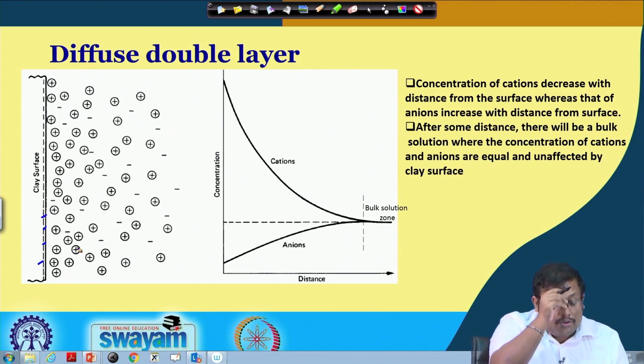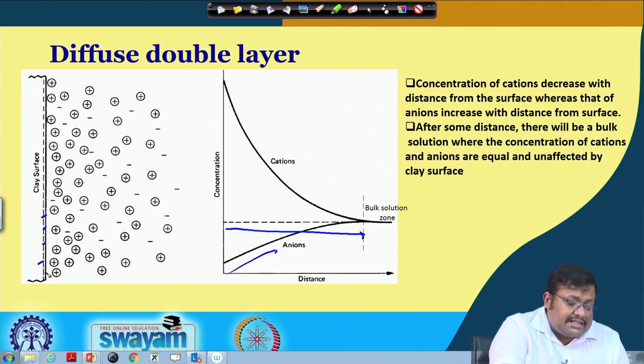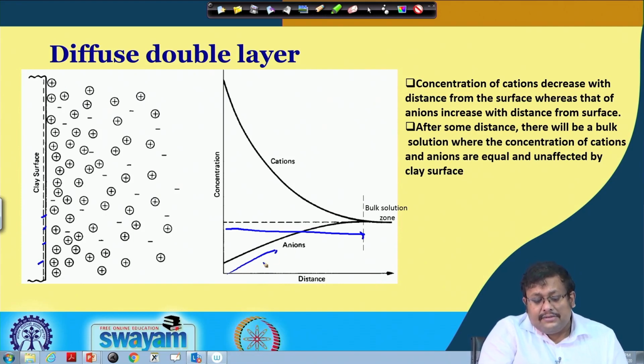As we go further from the clay surface, in the bulk solution zone there will be a continuous decrease in the concentration of cations and a continuous increase in the concentration of anions, because anions are lowest in the immediate vicinity of the clay colloid due to the negative charge. There will be repulsion, and as the distance increases, the concentration of anions will increase.